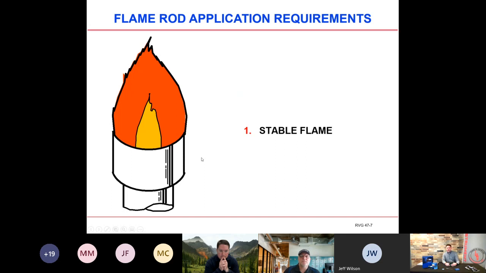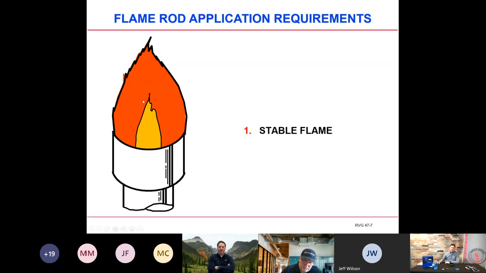What's required for a good flame rod application is you have to have a stable flame, so you have to make sure that you don't have a candle effect or any type of flame flicker that would cause the flame to move outside of where the flame rod is being positioned inside of that flame.